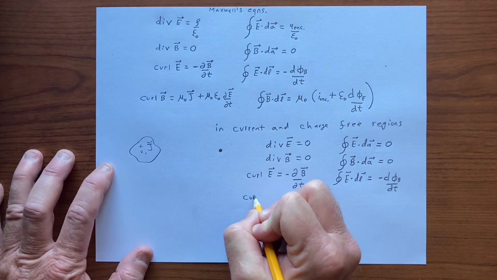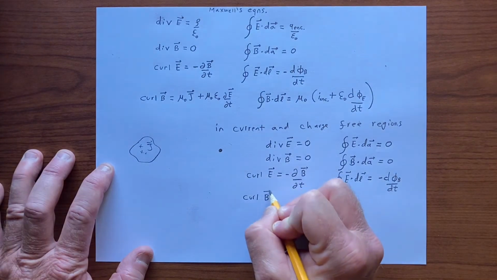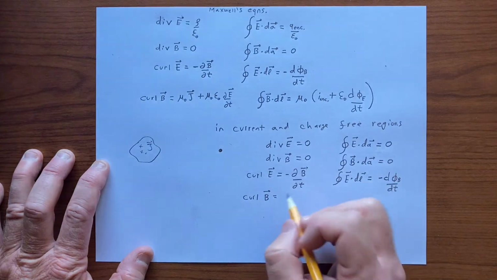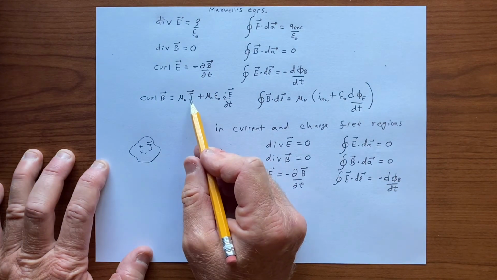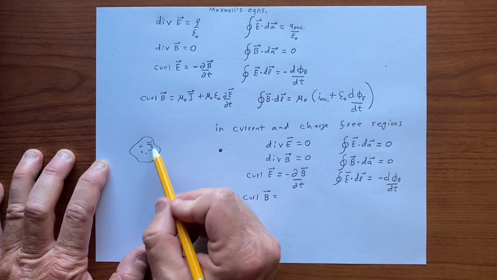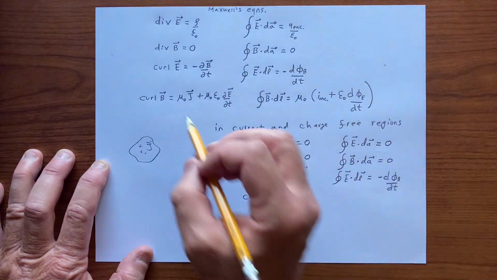but the curl of the magnetic field, now there's no current density here because the current is only over in this region, so this is 0.